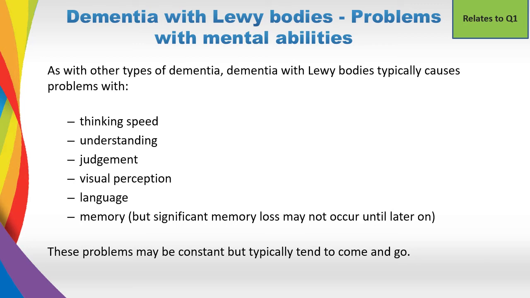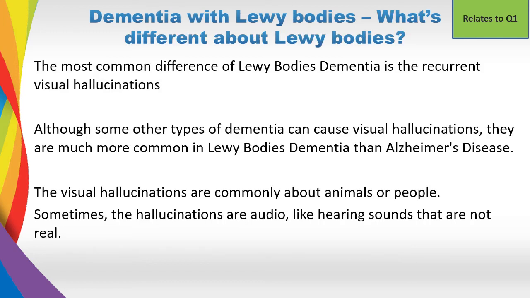Problems with mental abilities. As with other types of dementia, dementia with Lewy bodies can cause problems with thinking speed, understanding, judgment, visual perception, language and memory, although the memory loss doesn't really occur until later on. These problems could be constant, but typically they tend to come and go, so they're not going to be there all the time. The most common difference of Lewy body dementia is the visual hallucinations.